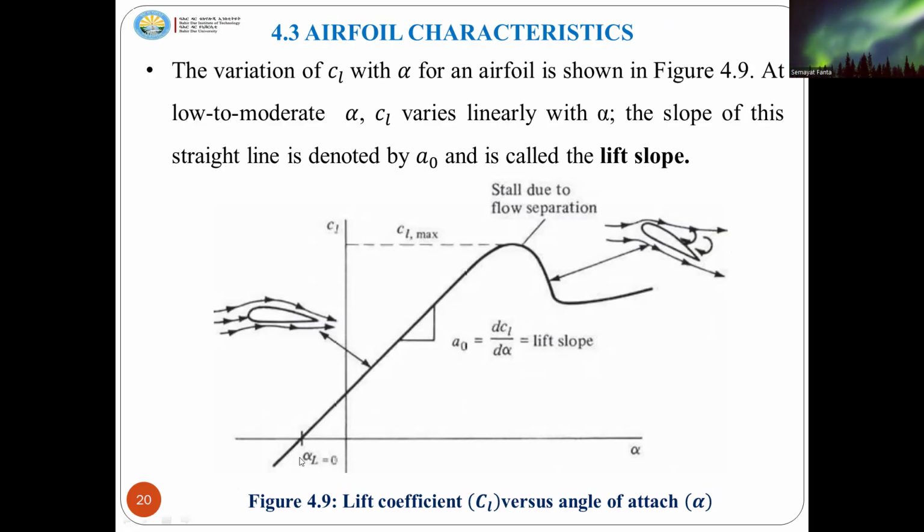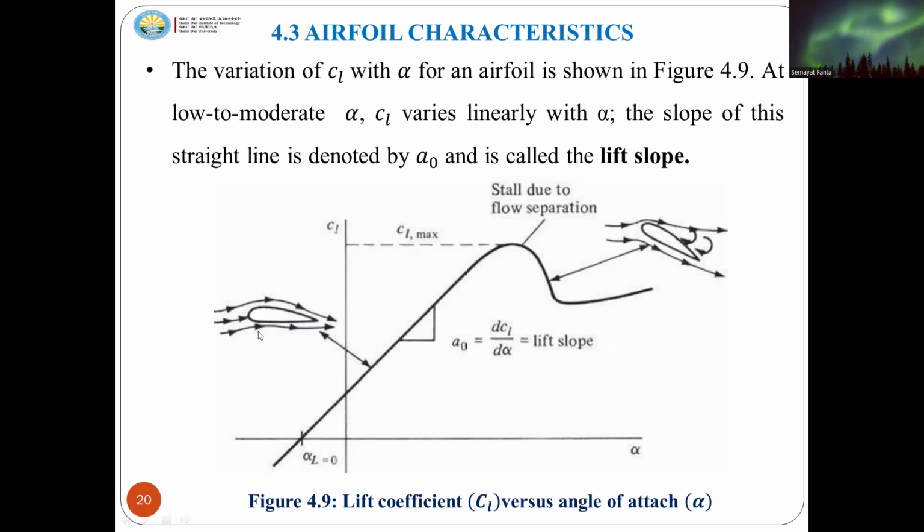As we see, from some negative values to some value of alpha, the CL versus alpha graph is very linear, which indicates the flow is smooth flow with no turbulence. And the aerofoil flow pattern is given with smooth flow.